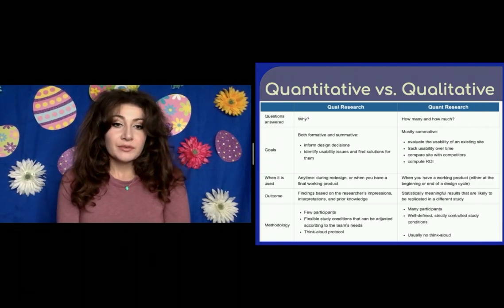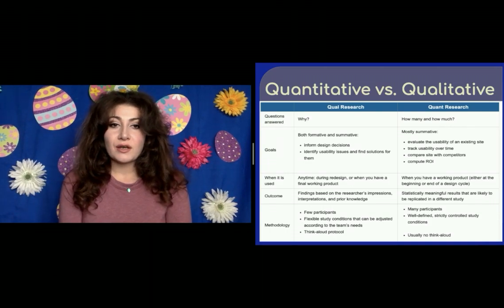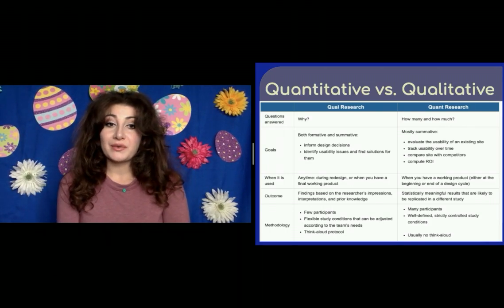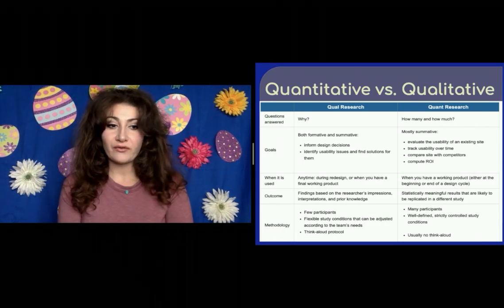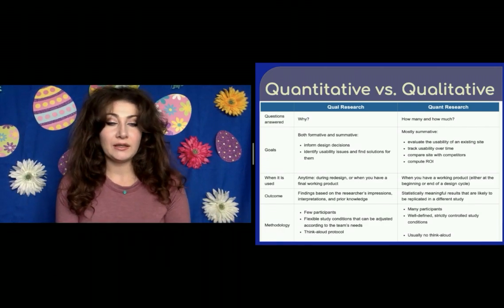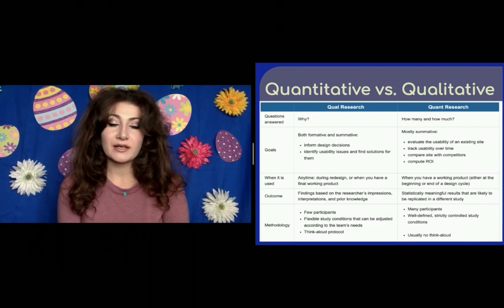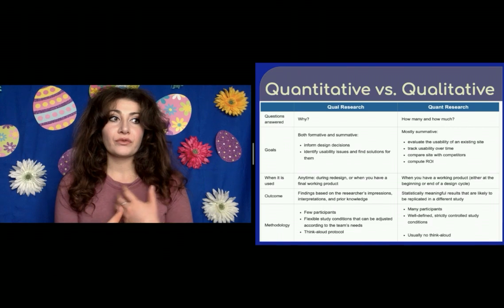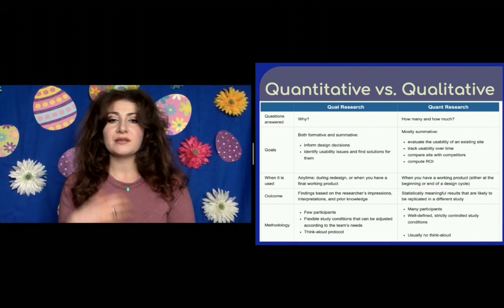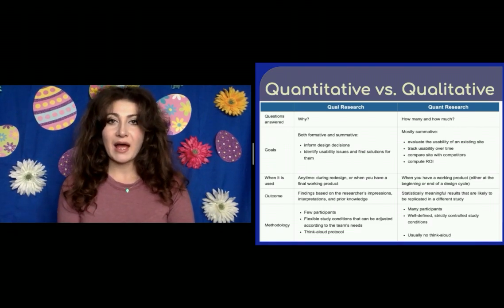As far as the outcome goes for qualitative research, the findings are generally based on the researcher's impressions, interpretations, and prior knowledge of whatever happened in the qualitative research session. So, for example, it's up to the researcher to interpret the phrasing of the participants. It's up to the researcher to identify those patterns that they noticed in the usability study.